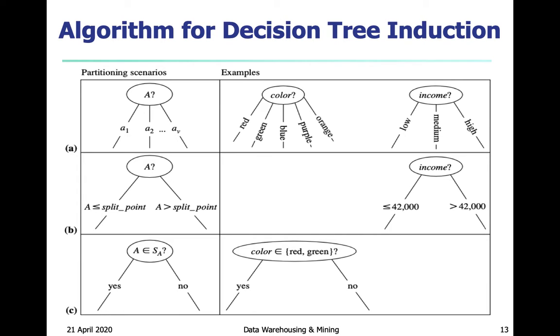The third one is where A is discrete valued and a binary tree must be produced. Here the test at node n is of the form A belongs to SA, where SA is the splitting subset of A, returned by the attribute selection method.